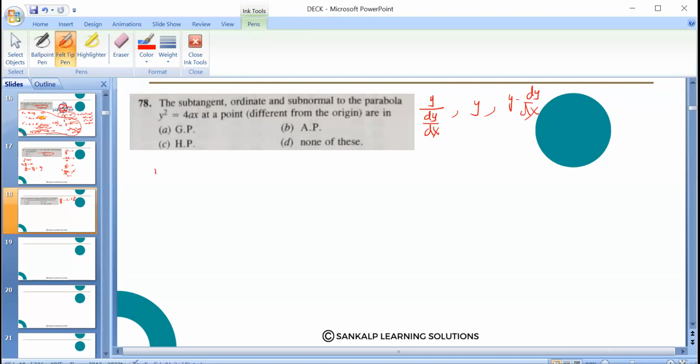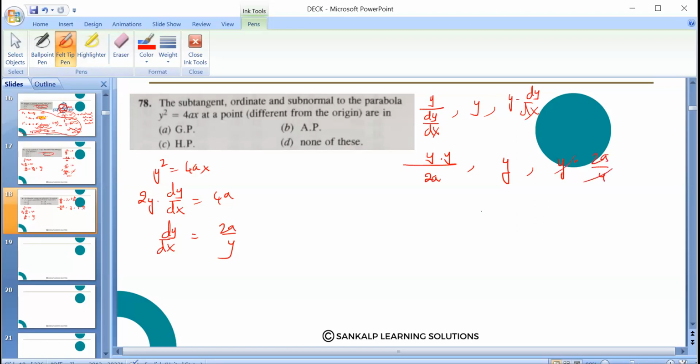All these. So y square equal to 4ax, finding the derivative, 2y dy by dx equal to 4a. Dy by dx is 2a by y. So y by 2a by y. And then y. And then y into dy by dx is 2a by y.